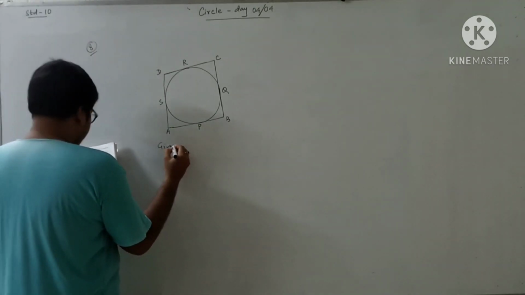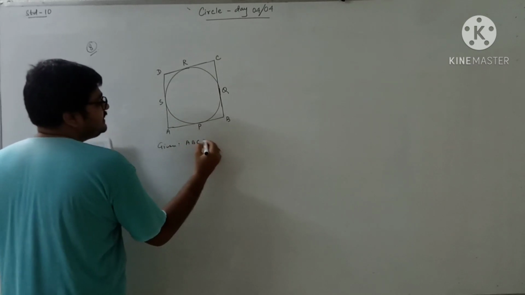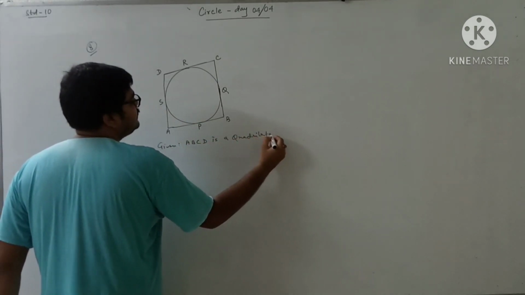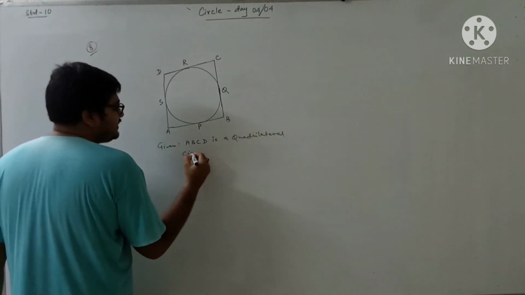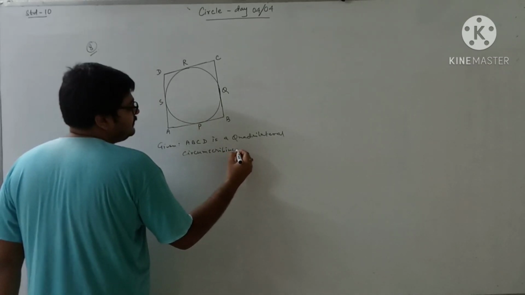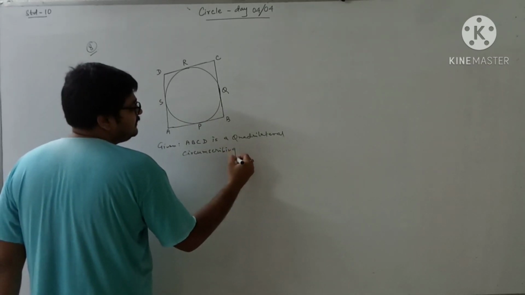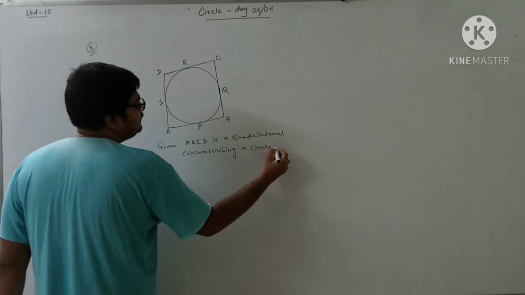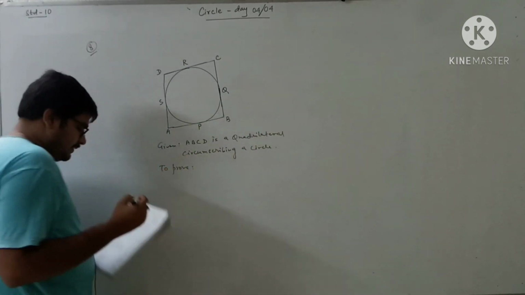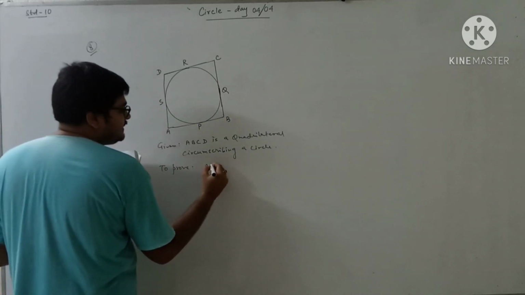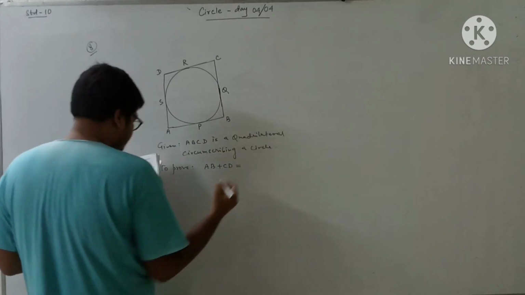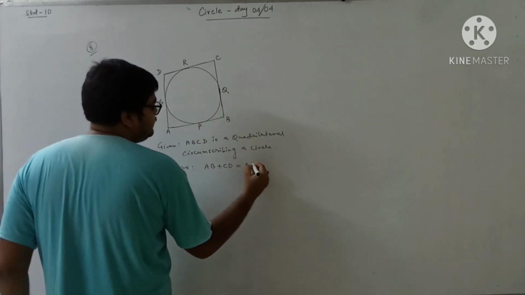First of all, given ABCD is a quadrilateral circumscribing a circle. To prove, we have to prove that AB plus CD is equal to AD plus BC.